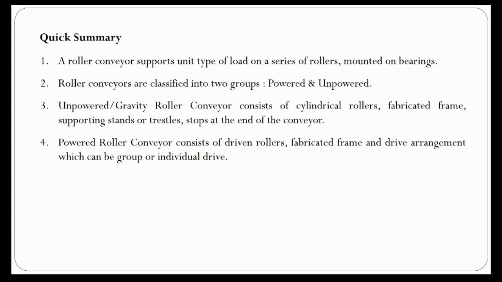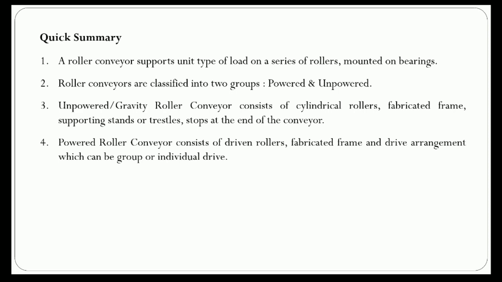This roller conveyor can be separated into powered or unpowered roller conveyor. In a powered roller conveyor, a certain transmission mechanism is available. In an unpowered roller conveyor, we sometimes apply the gravity principle, so that by using gravity on the load, it can easily slide through the roller conveyor.